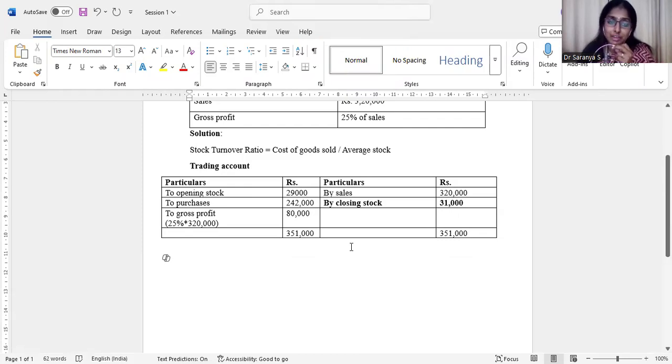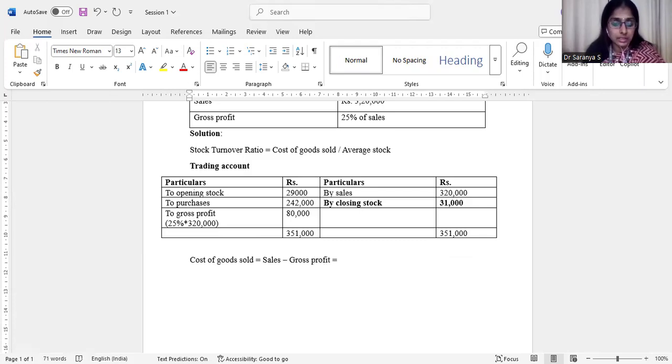Now let's find the numerator and denominator separately, then put them in the formula. The stock turnover ratio formula is cost of goods sold by average stock. First, cost of goods sold is sales minus gross profit.